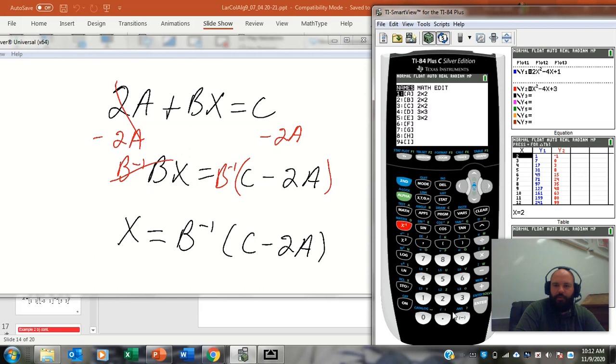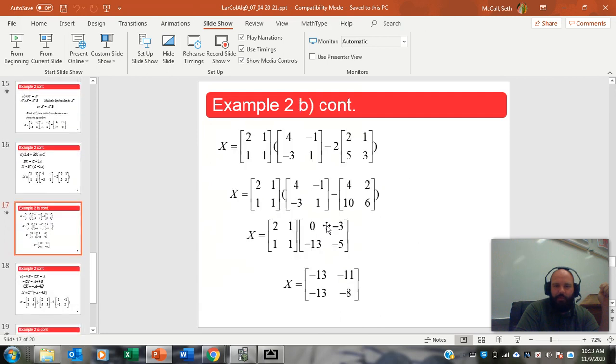I want this to be matrix A. So I have, and you can see, B inverse times, then parentheses, C minus 2 times matrix A and close parentheses. Make sure you're typing in the multiplication symbols. The calculator sometimes does not like it if you don't do that. And when you hit enter, you can see it's -13, -11, -13, -8. And if I go to part B right here, you can see that -13, -11, -13, -8. I get exactly what I'm supposed to.